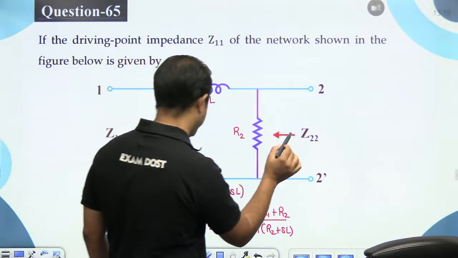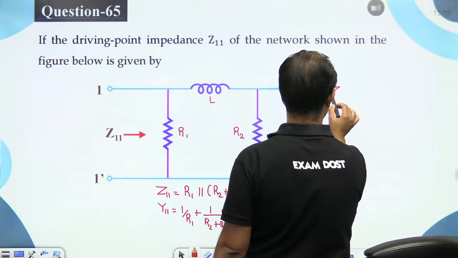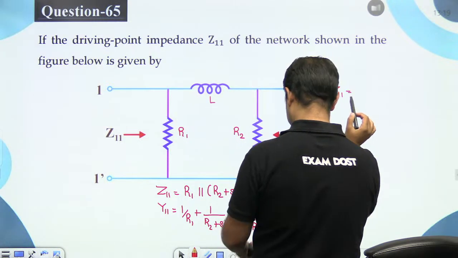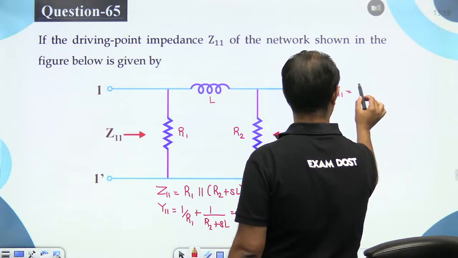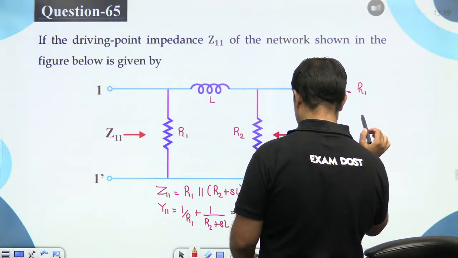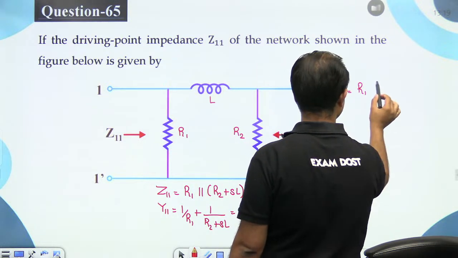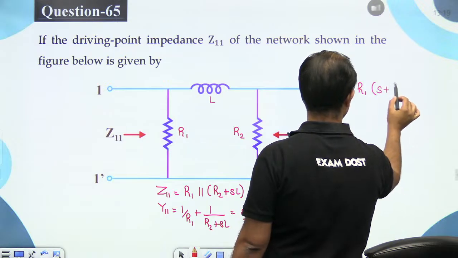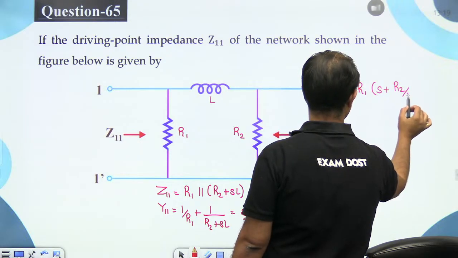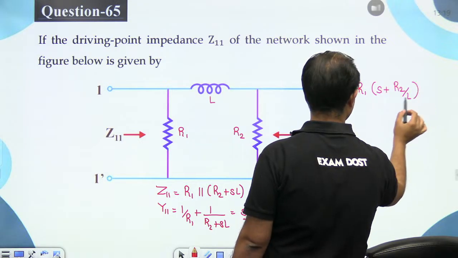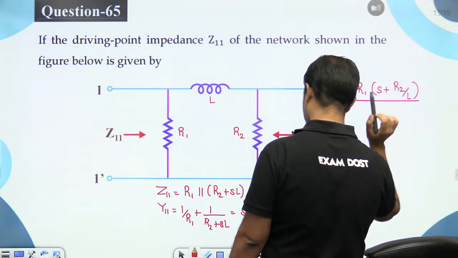So my Z11 should be R1, take L common, okay.